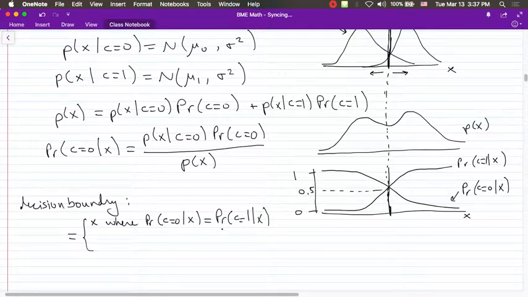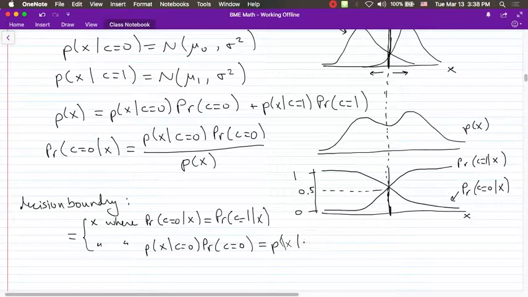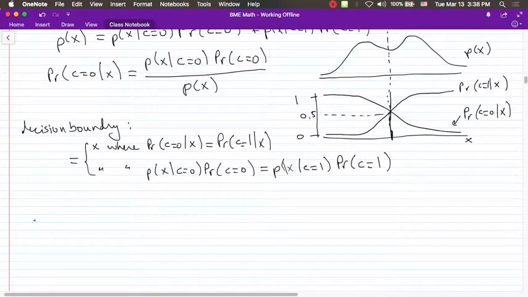Of course, when the posterior probabilities are equal, that's the same place as where the likelihood of x given c0 times the prior probability of c0 is equal to the likelihood of x given c1 times the probability of c1. So then to classify, what I need is just the ratio of the two numerators.